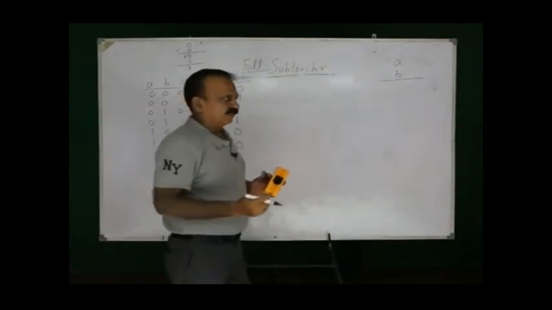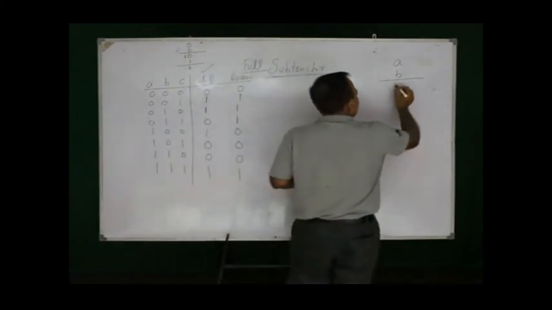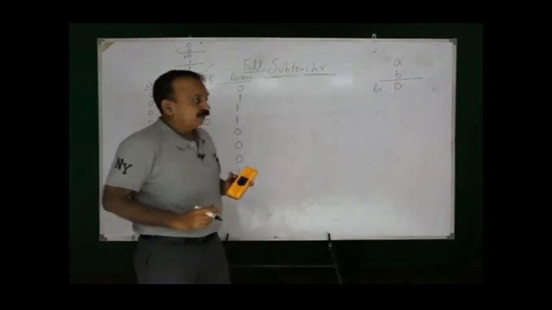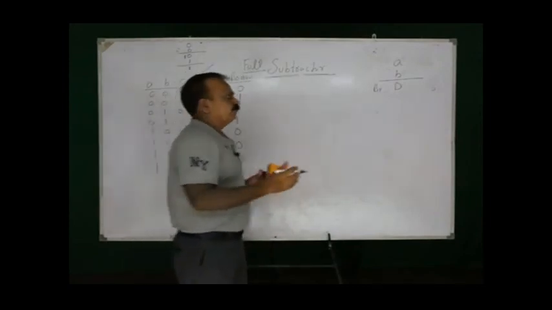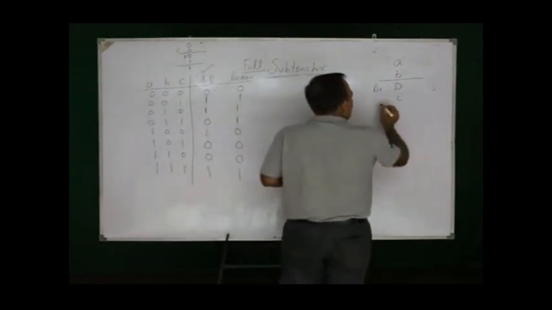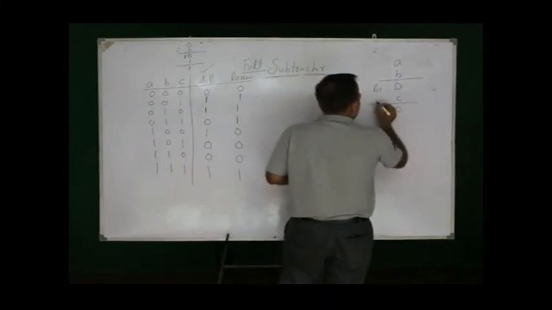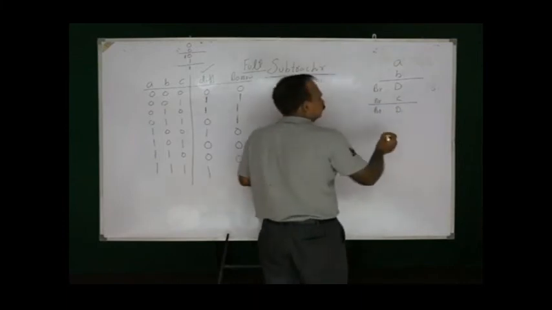With this operation there will be difference and there will be borrow. Now the third term will be subtracted from this difference, and I will get a final difference, and positively there can be borrow from this also.